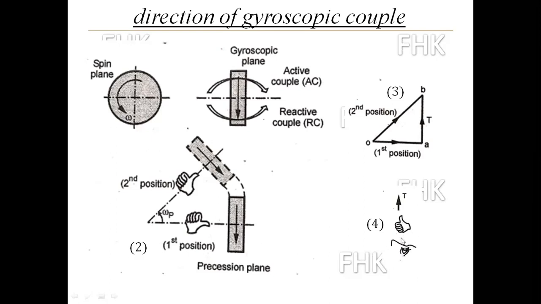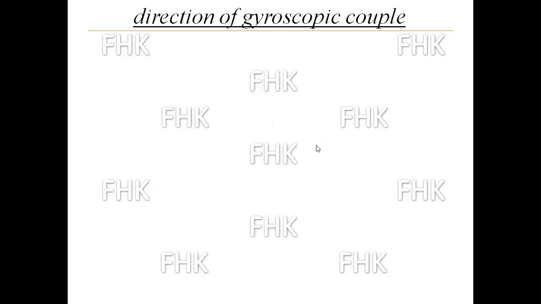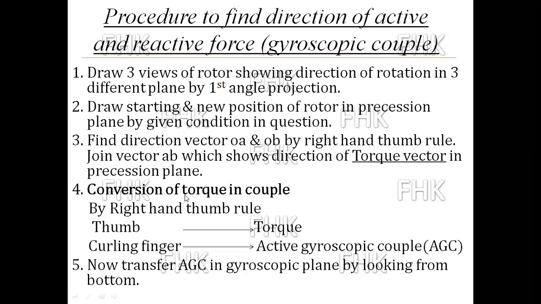Because we have to convert that vector into the gyroscopic plane, which is the next step. See here, the fourth step: conversion of torque into couple in the gyroscopic plane. By the right hand thumb rule, the thumb shows the direction of torque and the curling finger shows the active gyroscopic couple. That active gyroscopic couple we have to transfer into the gyroscopic plane by looking from the bottom.